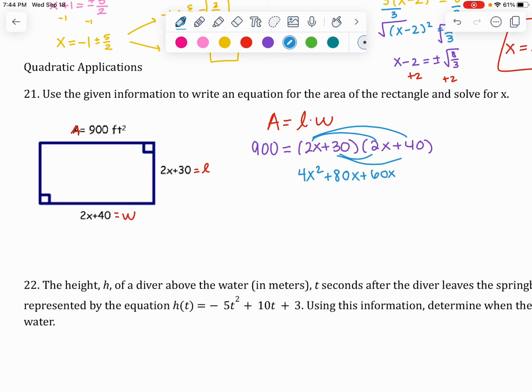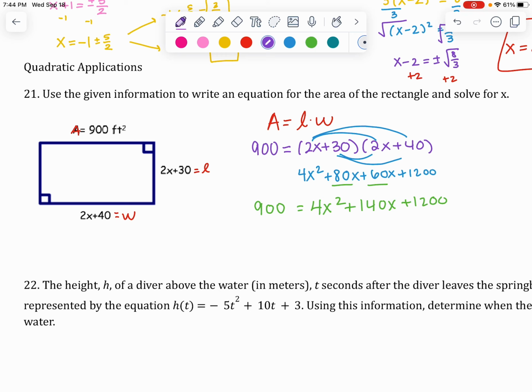And 30 times 40 is 1200. Combine like terms, and I get 4x squared plus 140x plus 1200, and this is equal to the area 900.